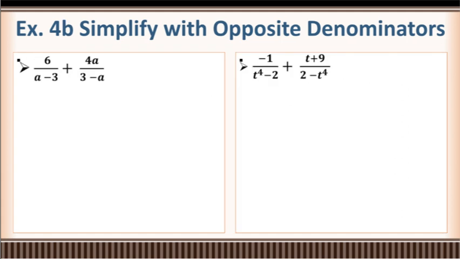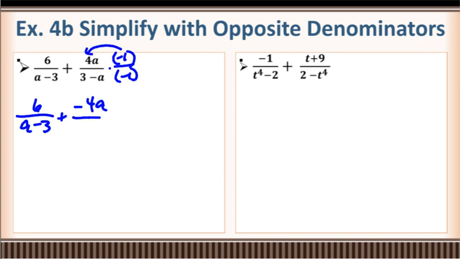Next one, 6 divided by a minus 3 plus 4a divided by 3 minus a. And I'm going to multiply the second one by a negative 1 over a negative 1. And I have 6 over a minus 3 plus distributes a negative 4a over distributes negative 3 plus a. So my denominator is a minus 3.